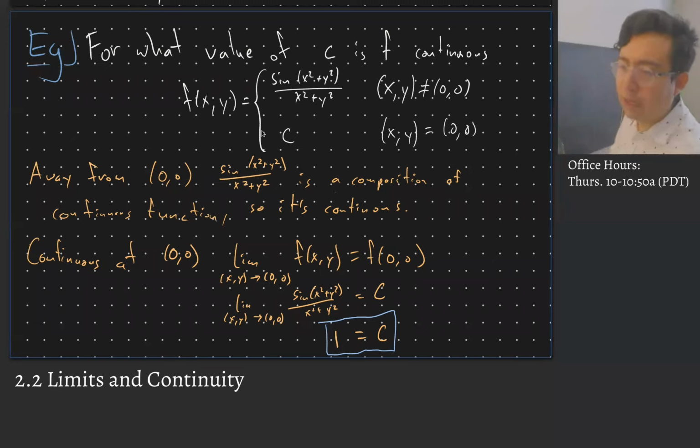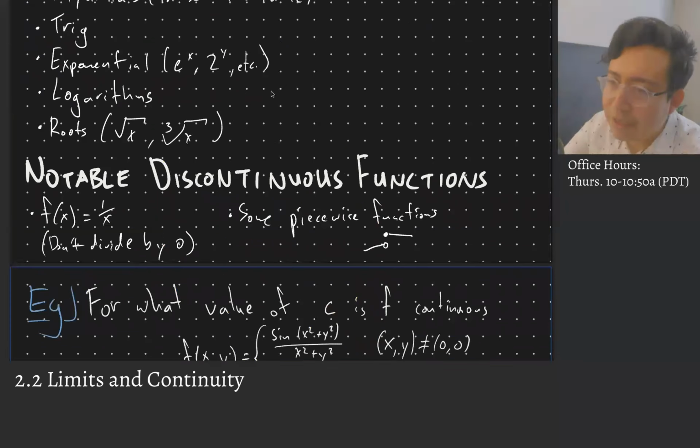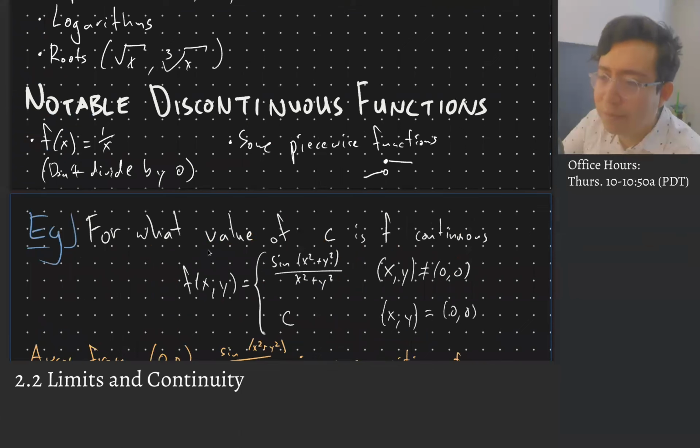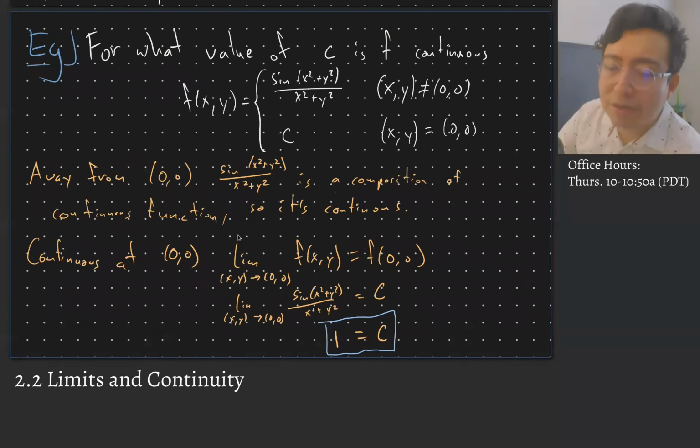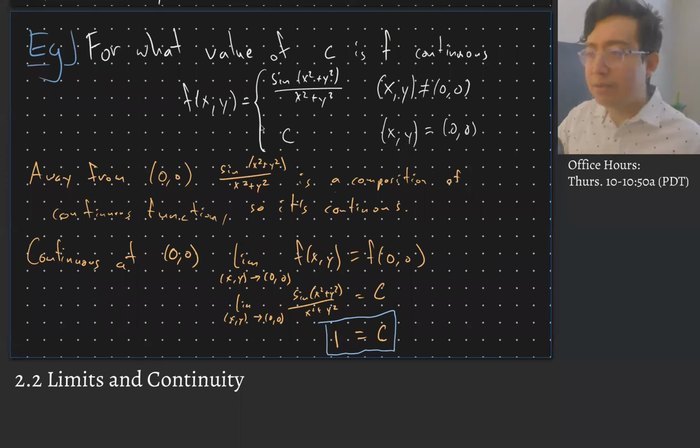The only time you're going to see potential discontinuities is dividing by 0 or some weird piecewise stuff. For the most part, it's going to be this dividing by 0 thing, but there are some discontinuities which we can fix.